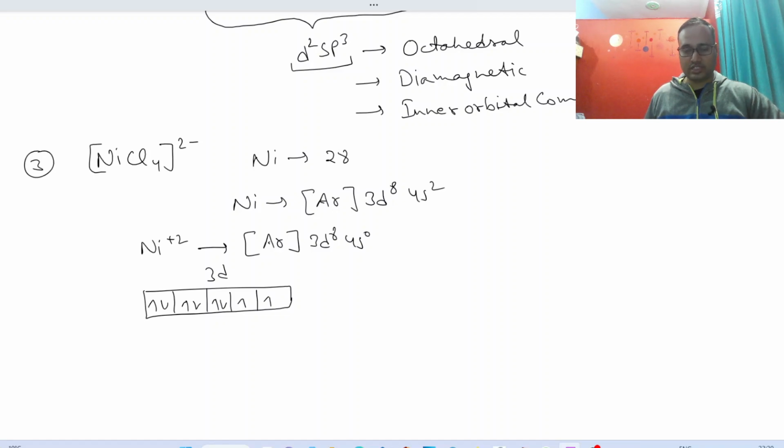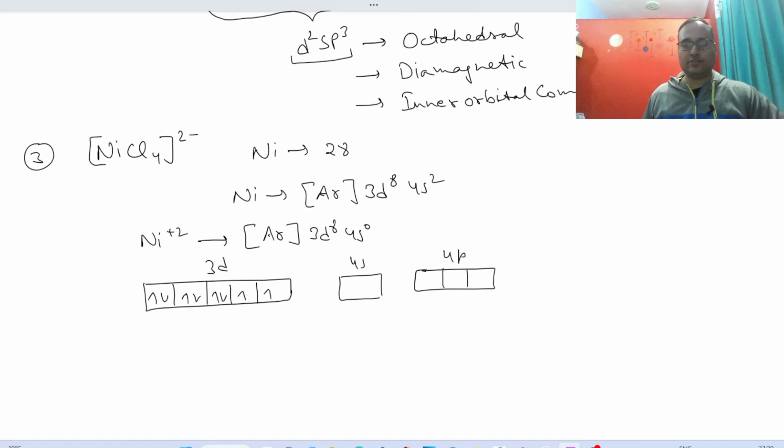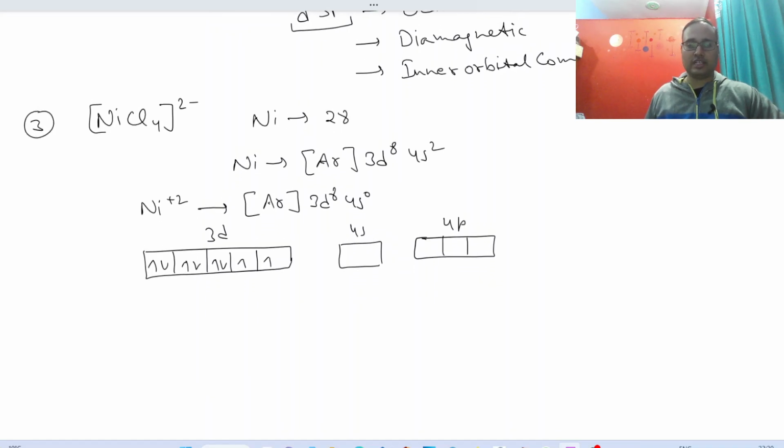So 2 of the electrons will be left unpaired. We have empty 4s orbital and 4p orbital also, which is also empty. So we will be requiring 4 orbitals for accommodating the lone pairs that will be given by the chloride ion in the complex.